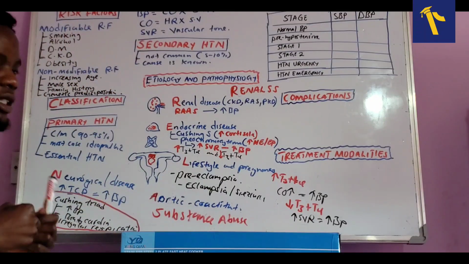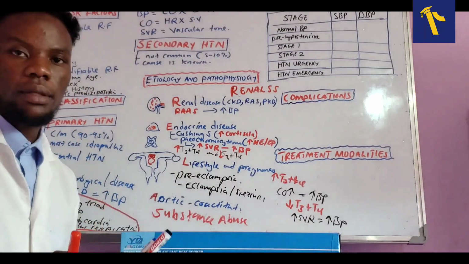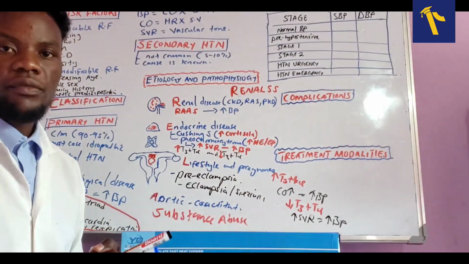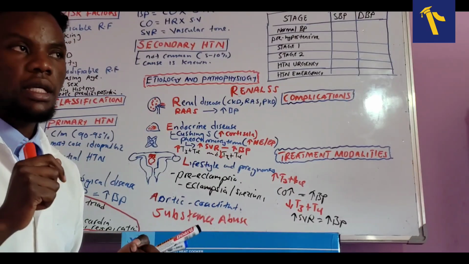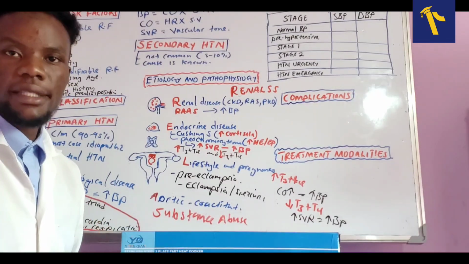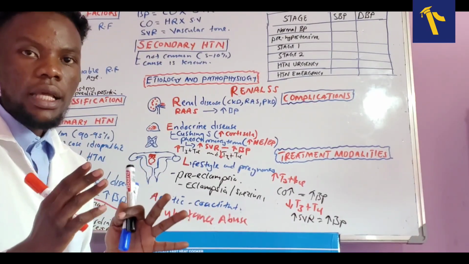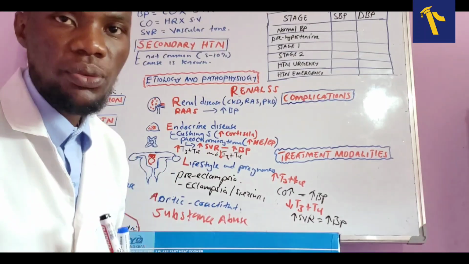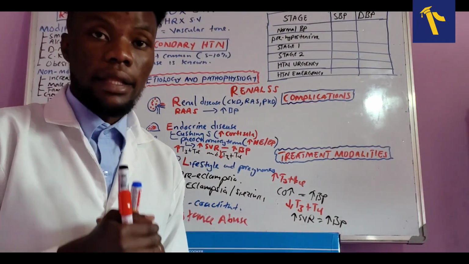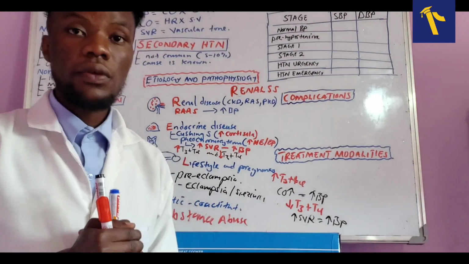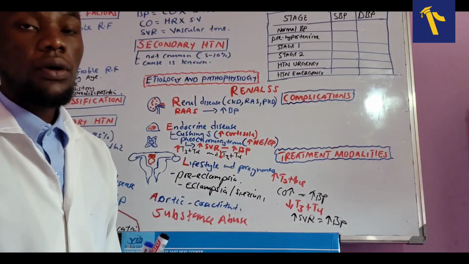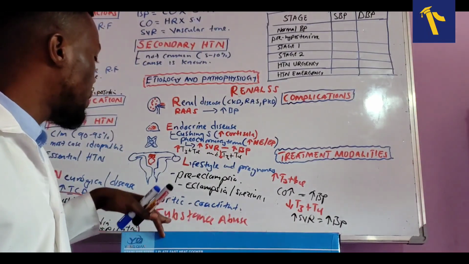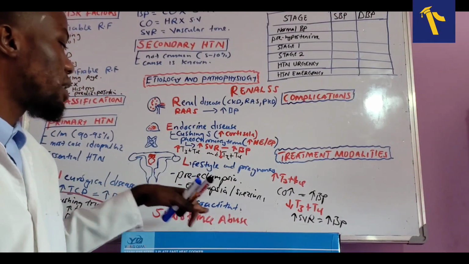Substance abuse. Basically we're just talking about abusing drugs, drugs like amphetamines, NSAIDs. Those drugs have a direct effect on the blood vessels, which increases the systemic vascular resistance, increasing the blood pressure. So S means substance abuse.